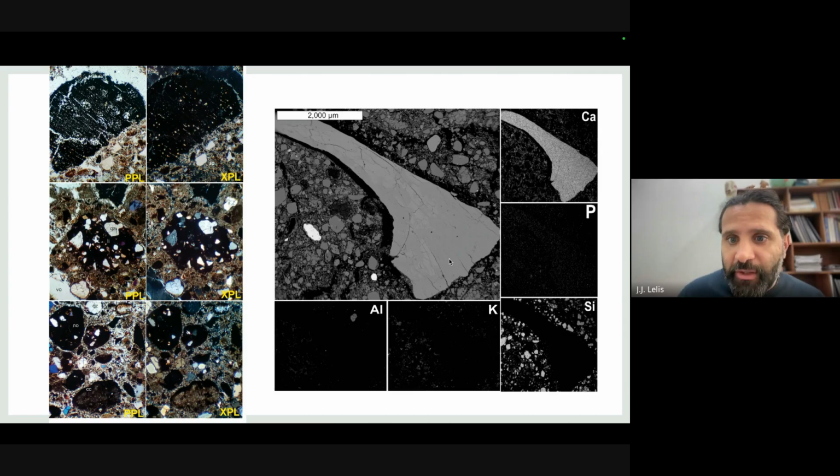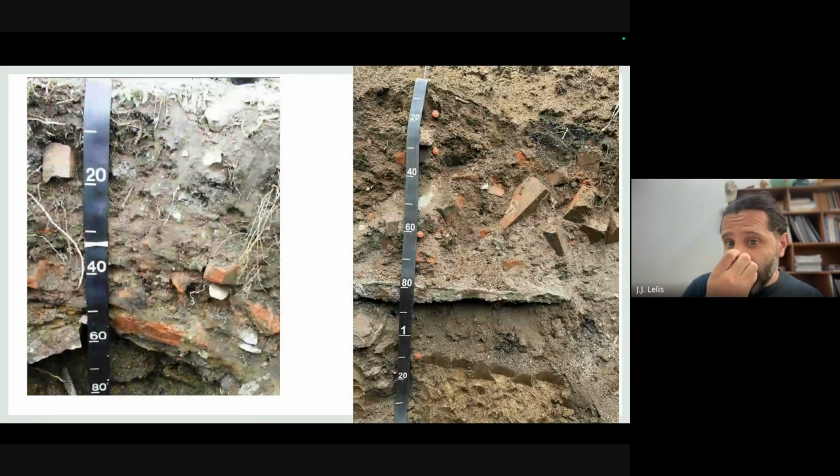And this bone is showing that this material was added to the soil. These two soils are very, very easy to describe. They have some artifacts like bricks. So you can see in both cases bricks showing, and also some concrete layers, showing that yes, you have a deep and intense human action.